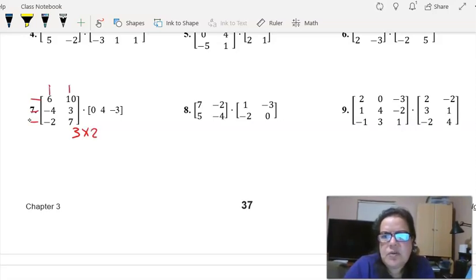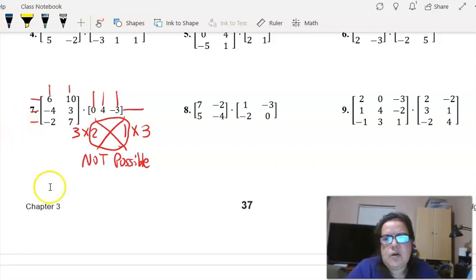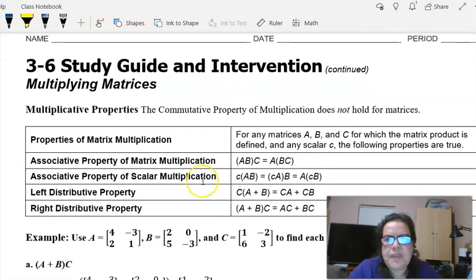This one here, if you notice, it's just one row. And so it's a 1 by 1, 2, 3 columns. So those are the dimensions for the 2. You check the inner numbers. Whoops. Can I multiply these? Absolutely not. So not possible. So that is something you're going to be looking out for, to see if you are able to multiply these matrices as they give them to you.